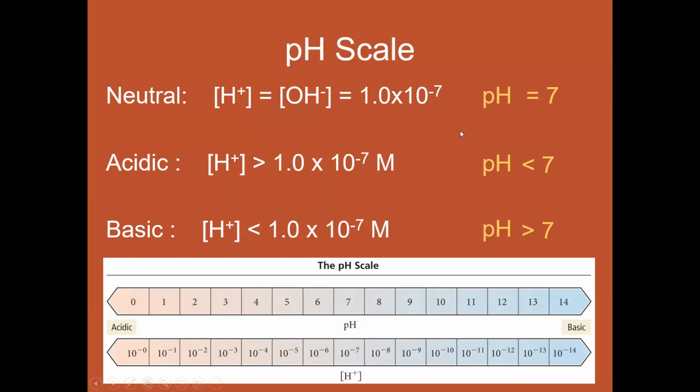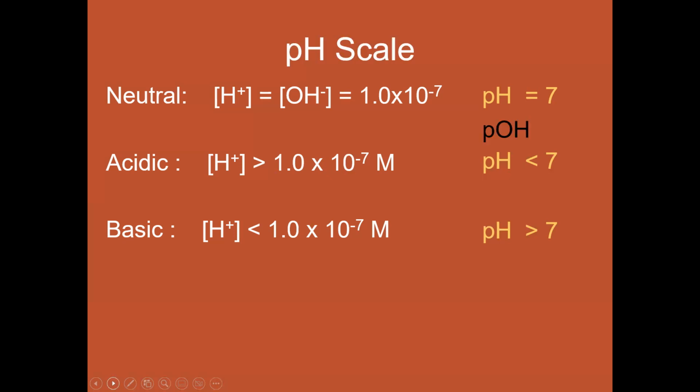There's also a pOH scale. So pOH, like we said, they should add up to equal 14. So if the pH is neutral and equal to 7, pOH is also equal to 7 when it's neutral.